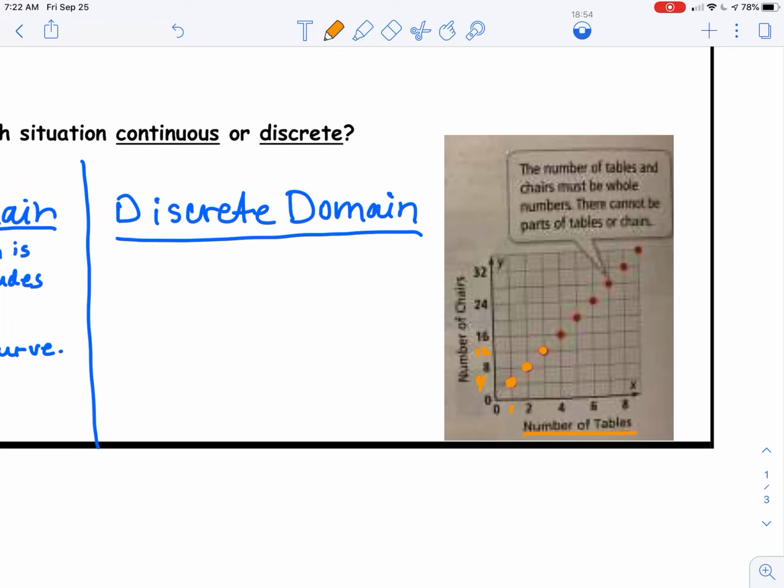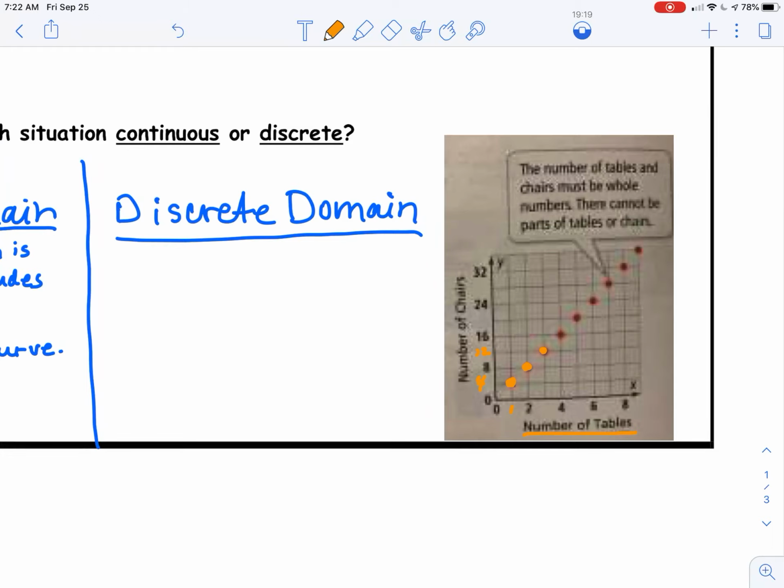But there's never any one time where I'm going to have, let's say, 1.5 tables, that doesn't exist. What am I going to do? Saw it in half and then take my chairs and maybe, well, I guess that would mean if I had 1.5 tables, that would mean that I would have 6 chairs, right? But I'm never going to have 1.5 tables or 1 3/4 tables. Restaurants just don't do that.